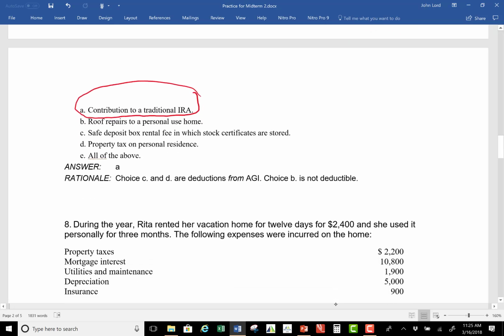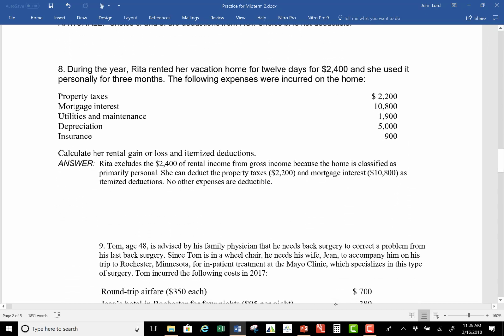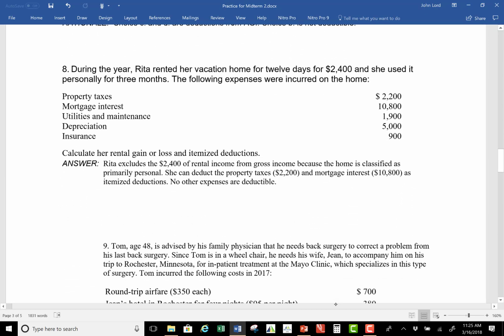Okay, number 8, during the year. And this one wasn't set up as a multiple choice. I went ahead and put it in there anyway, though, just because I liked the question. So it's not a multiple choice, but we should still be able to answer this. During the year, Rita rented her vacation home for 12 days for $2,400.